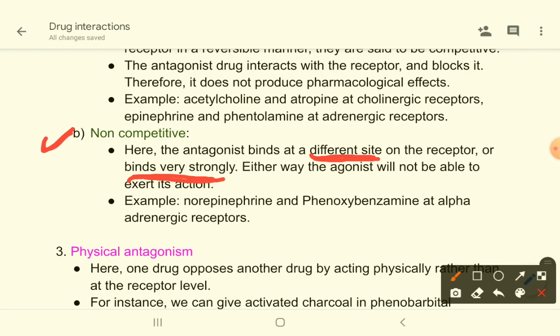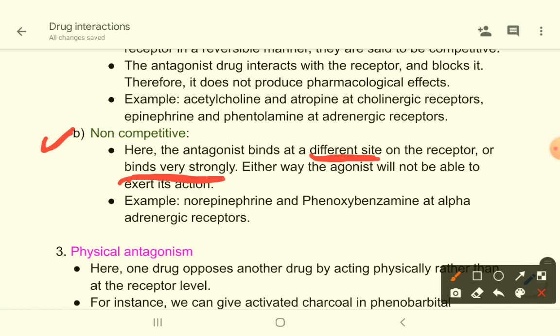So the non-competitive antagonist binds with the receptor and blocks it. If the antagonist binds with that receptor, that cannot produce any action. So that is non-competitive antagonism. Or in non-competitive antagonism, the antagonist binds very strongly with the receptor so that the agonist cannot bind, so that there is no question of competition.